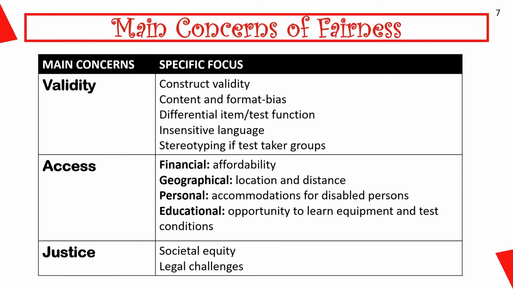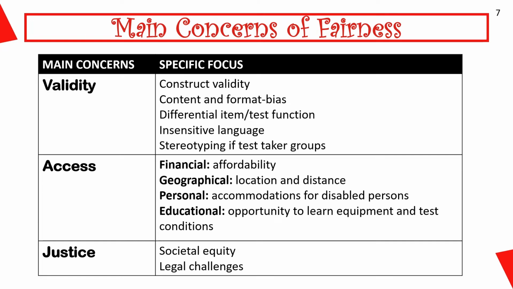The main concerns of fairness are the following: validity, access, and justice. For validity, we have specific focus on construct validity, content and format bias, differential item test function, insensitive language, and stereotyping in test-taking groups.